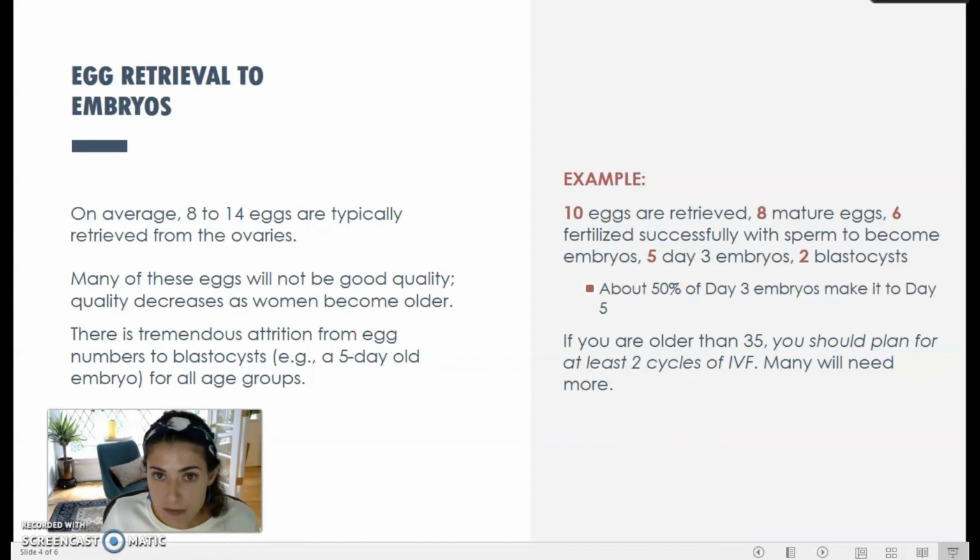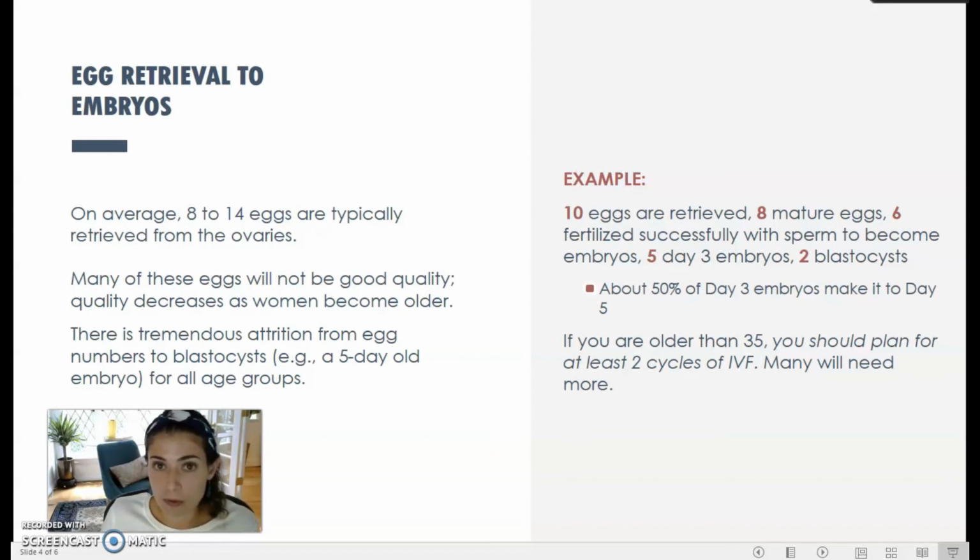And about 50% of day 3 embryos make it to day 5. So the part of the process where you see the most attrition is from day 3 embryo to day 5 embryo. So it's because of this attrition process that many people go through multiple rounds of IVF.